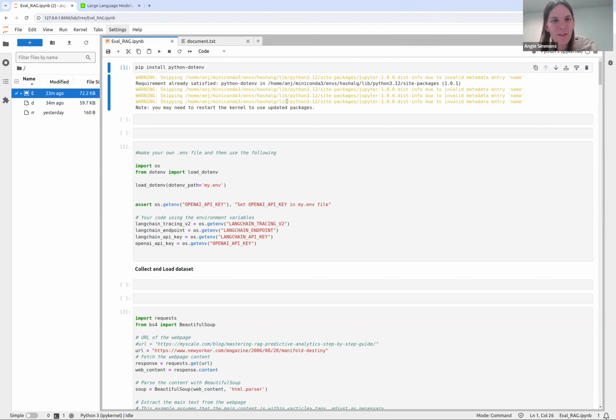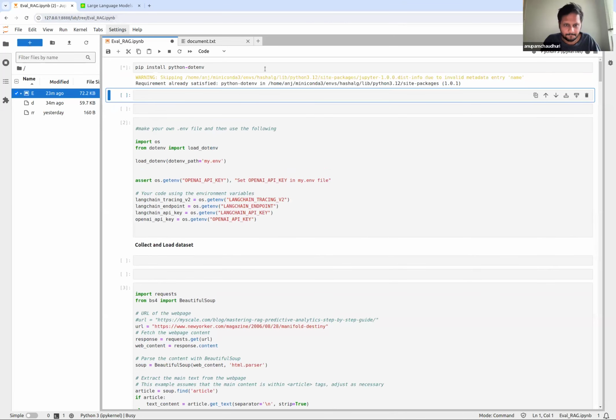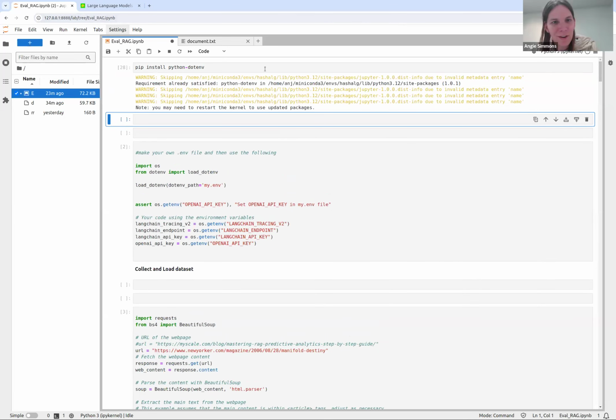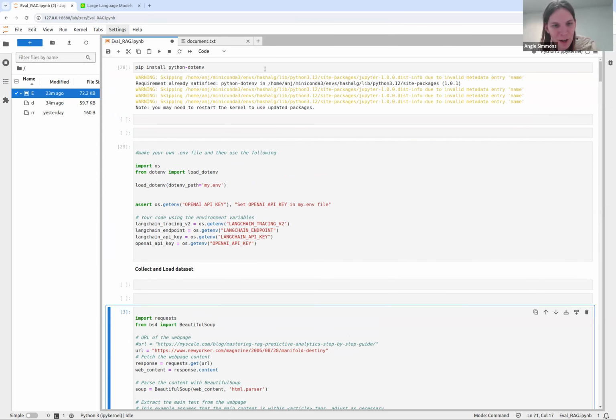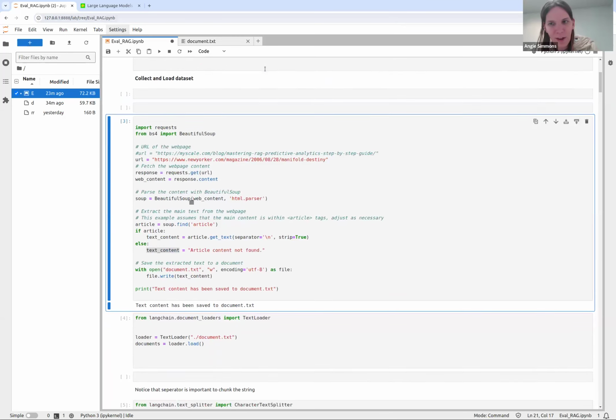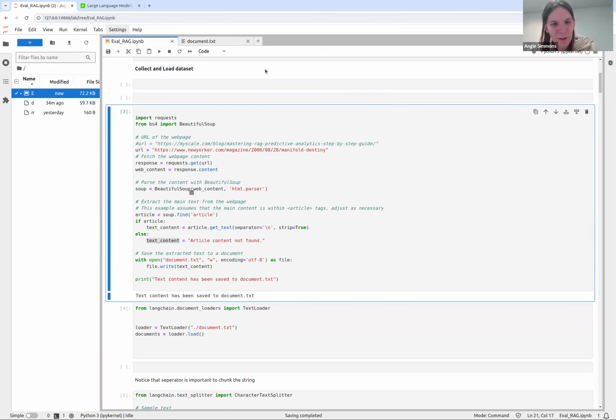Okay, hopefully that's recording. So for this one, we'll probably keep it fairly short. As before, we just do the setup with the OpenAI keys, and then we'll talk through an example.